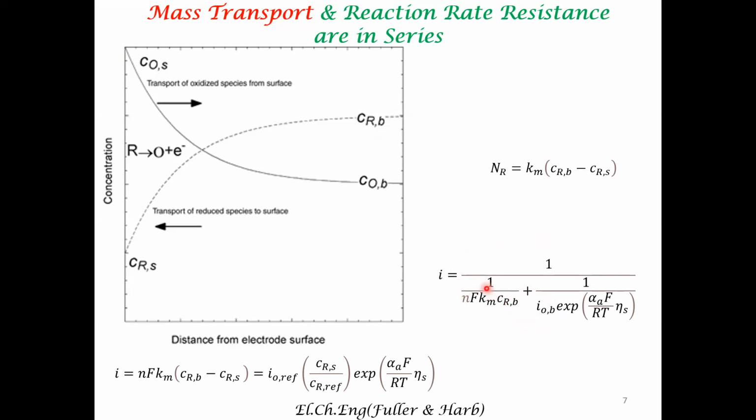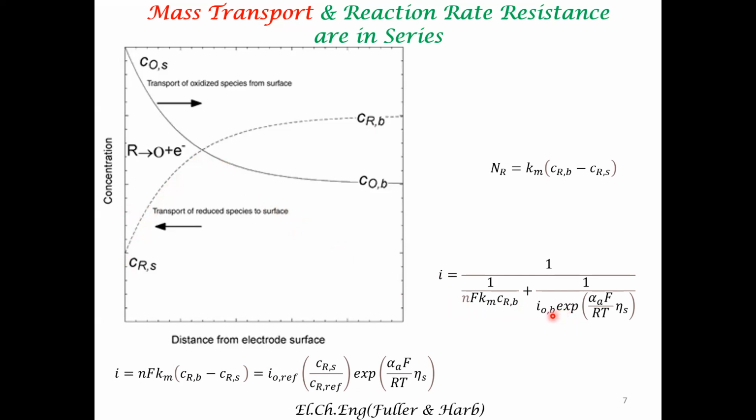One by this quantity is a measure of mass transfer resistance. So there are two resistances here: a resistance for mass transfer and a resistance to electrochemical reaction. These two resistances add up in series.